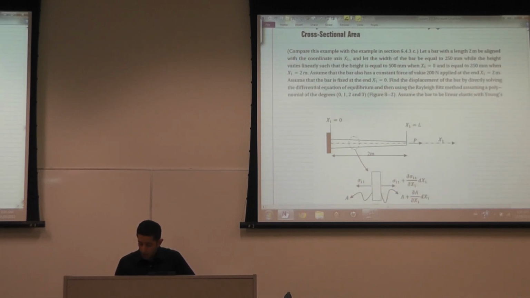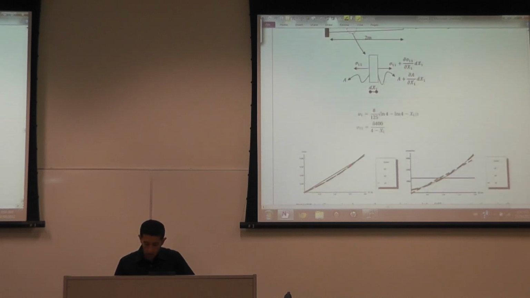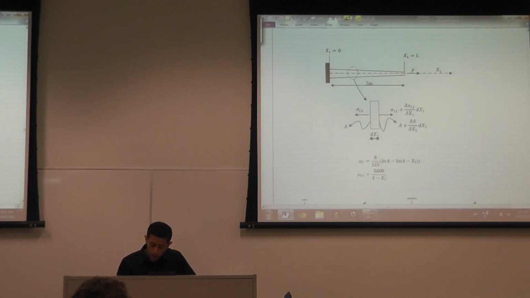This is just another example. You can take a look at the other examples. And for this particular example, because I've chosen now here no distributed load, the boundary condition is that the stress here is equal to P over A. And the exact solution happens to be a logarithmic function.